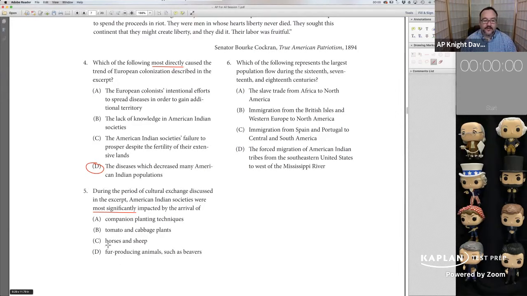The horses and sheep end up being the biggest impact because that changed the way they hunted, the way they were able to explore and travel, and it made them more nomadic, actually. So the biggest introduction was going to be the horses and sheep. Good job, good job.